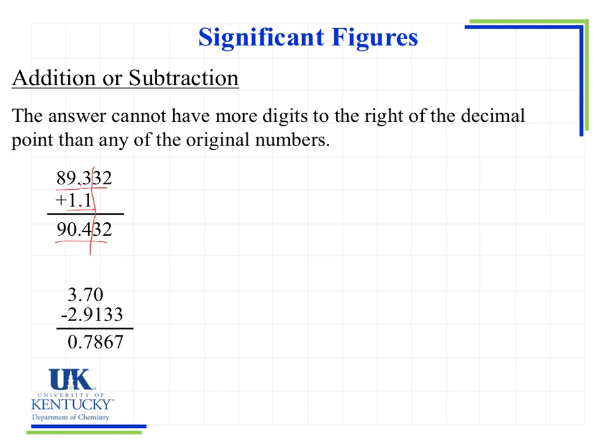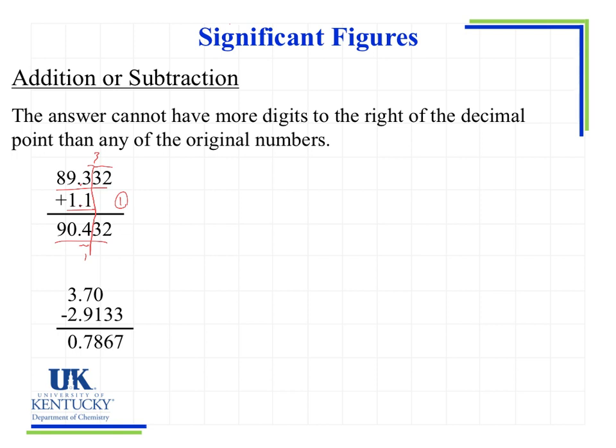This one has 3 decimal places, this one has 1 decimal place, so the answer should have 1 decimal place. Remember, for addition or subtraction, we do not think about the number of sig figs for the moment. Just think about the number of decimal places.